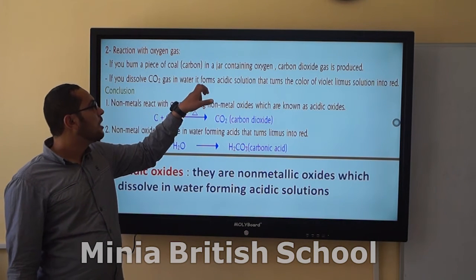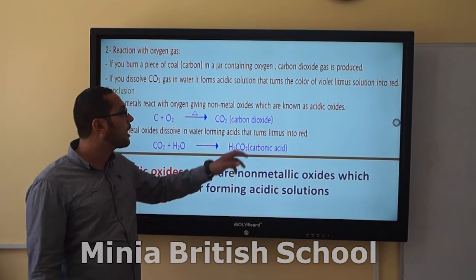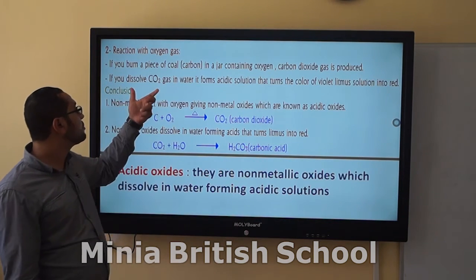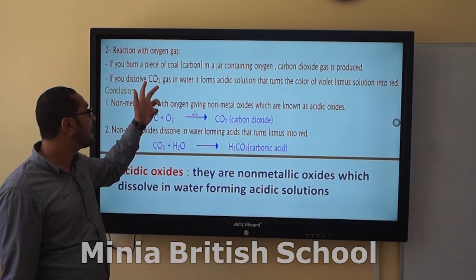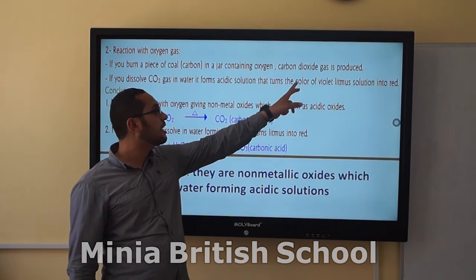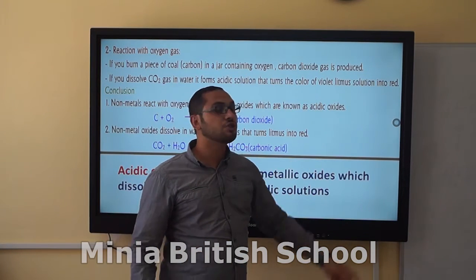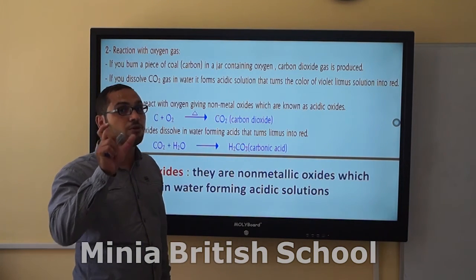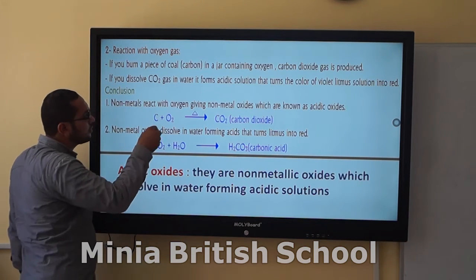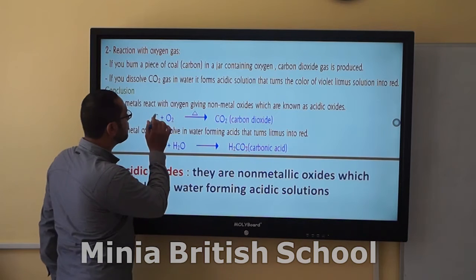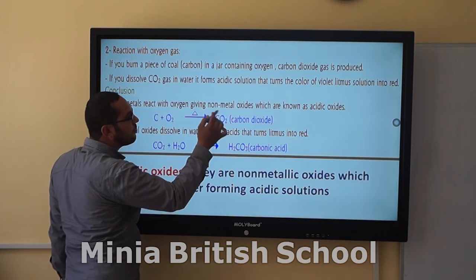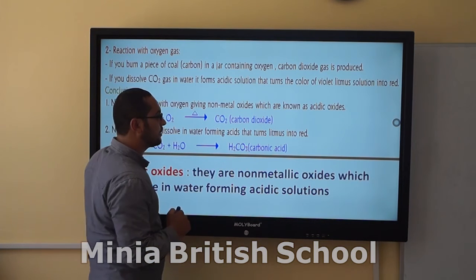Carbon burned in a jar containing oxygen forms carbon dioxide gas. If you dissolve CO2 gas in water, it forms an acidic solution that turns the color of violet litmus solution into red. Pay attention: the carbon here reacts with oxygen and heat, forming carbon dioxide.